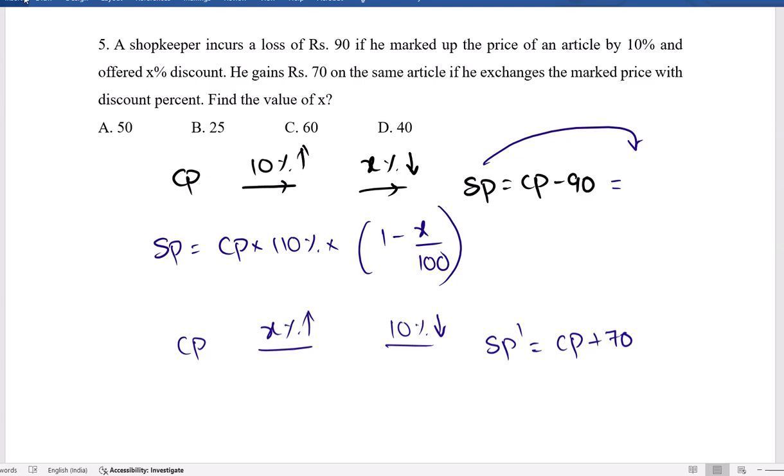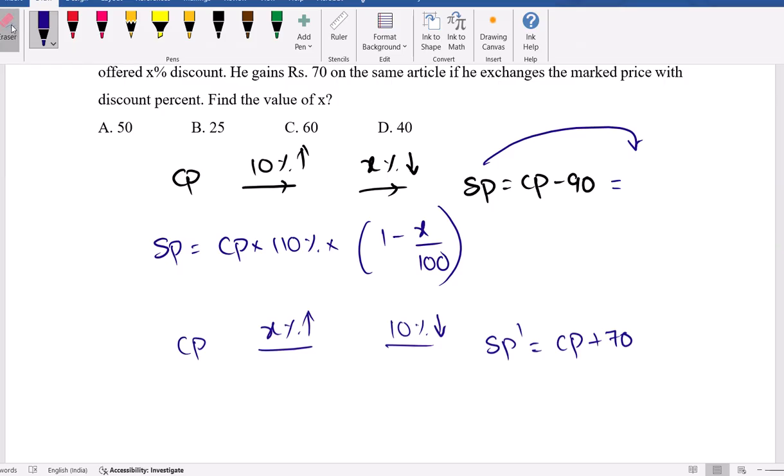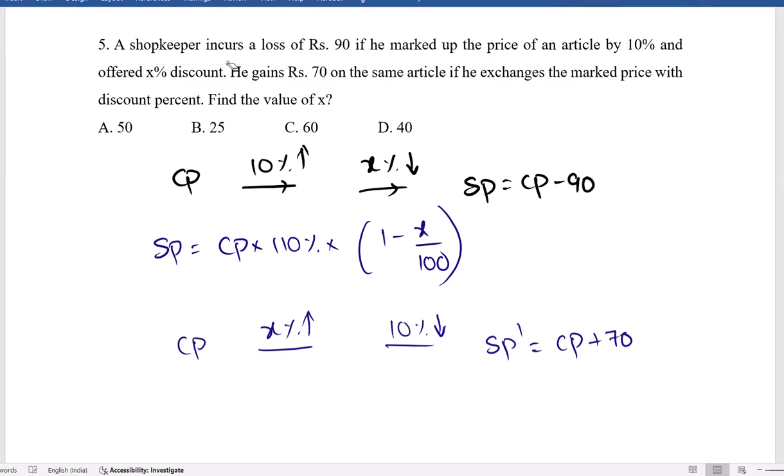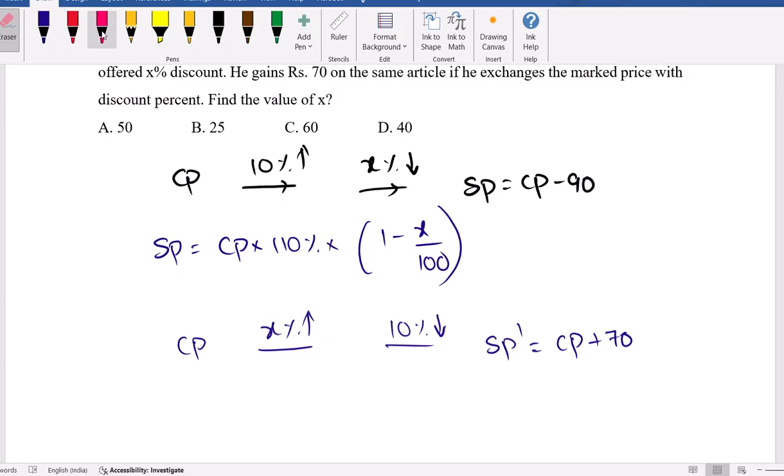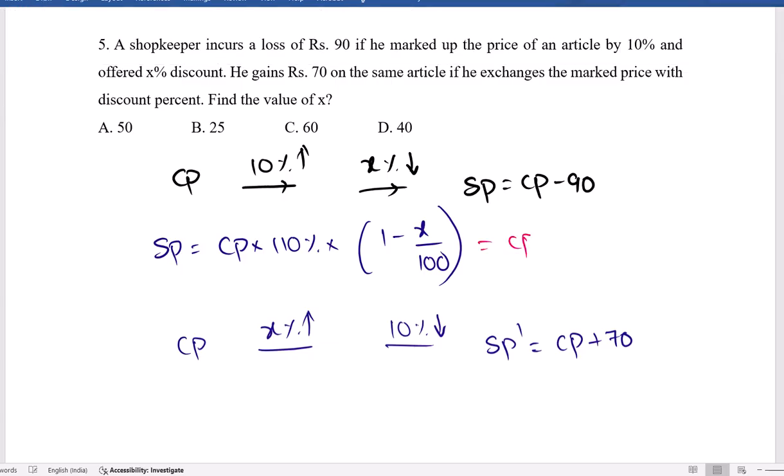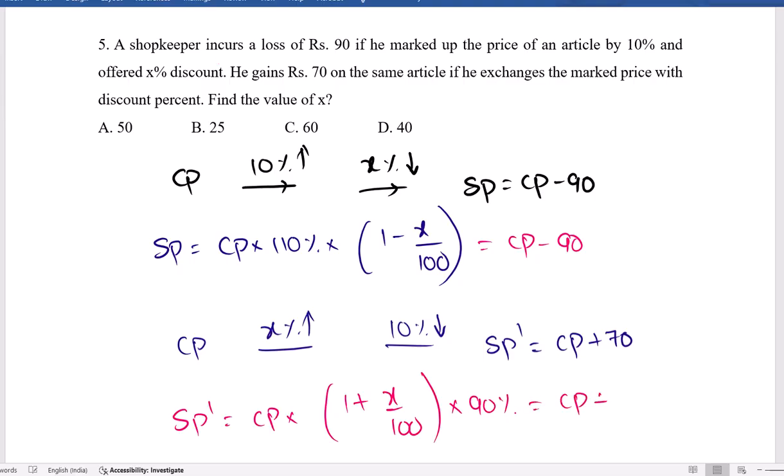This is one equation. Whereas the next one is nothing but CP minus 90. Whereas here, SP dash is CP into x% increase, means 1 plus x by 100. 10% decrease means 90%. This is CP plus 70.